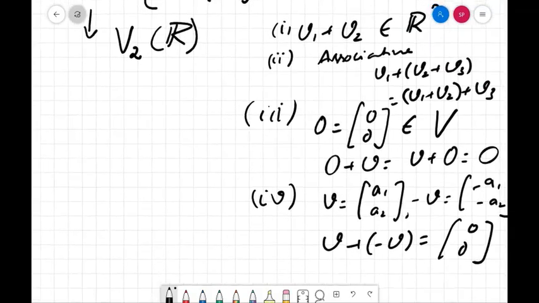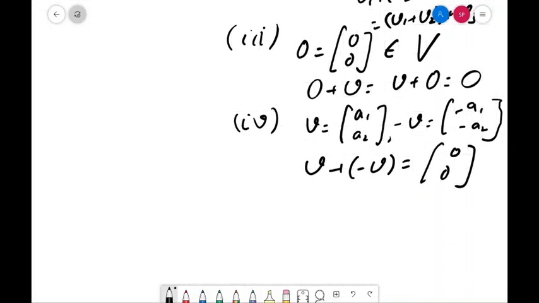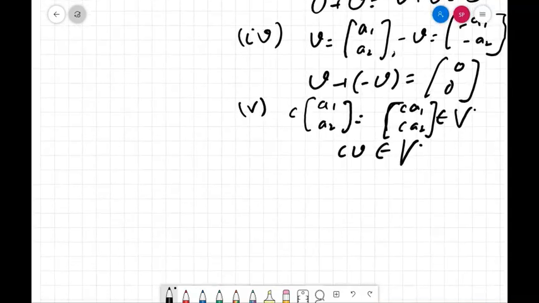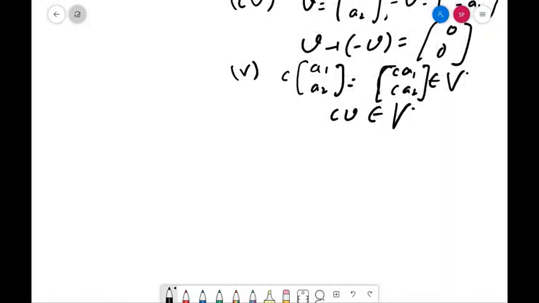So this is the additive inverse. And then the remaining, scalar multiplication, the fifth one. So this also earlier we explained, c into a1, a2, that is ca1, ca2, will obviously be in V. So cV belongs to V, that is scalar multiplication is also satisfied.